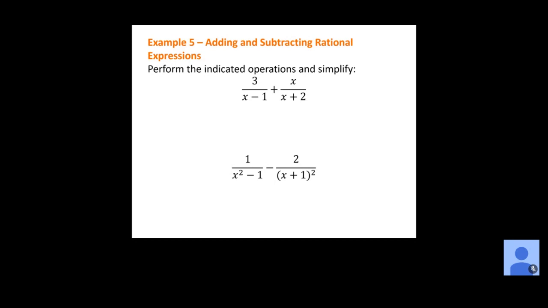We have to have a common denominator. Good. And so looking at these two fractions now, what would be the common denominator between the two denominators that we've got there? Any ideas?